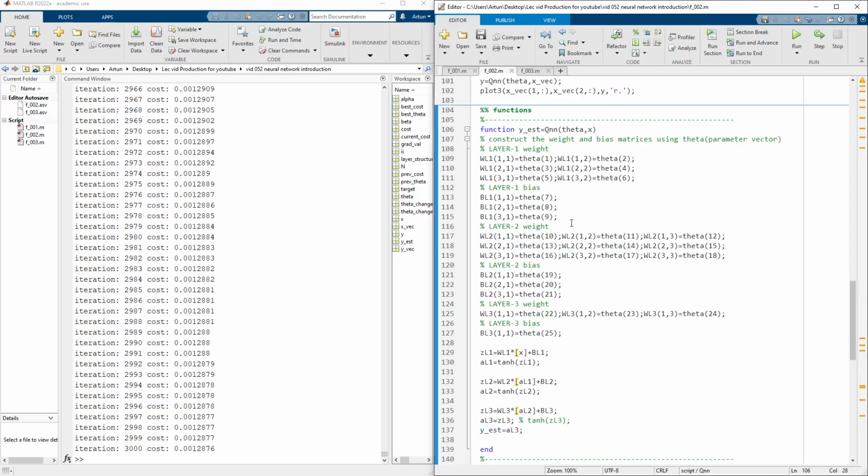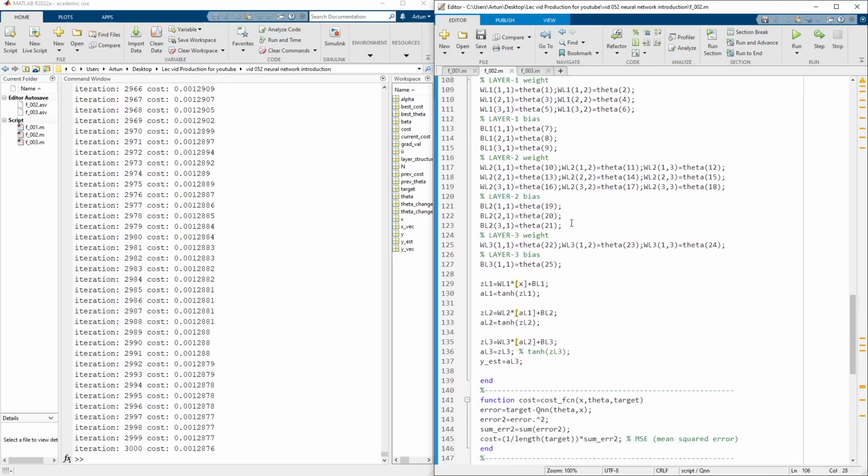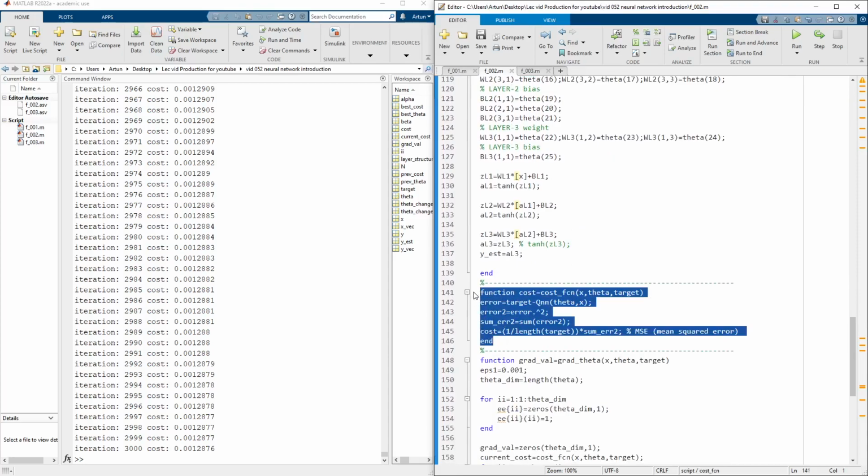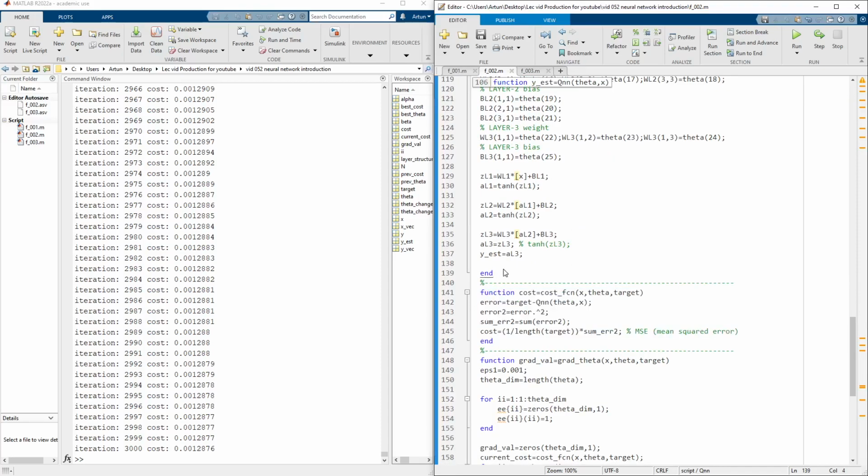So what was the second function? This is the second function that we need to look at, and this is the cost function. You have input and target, which is the correct output, and you have the parameter, a 25-dimensional vector. By using your model, you generate your y estimate.